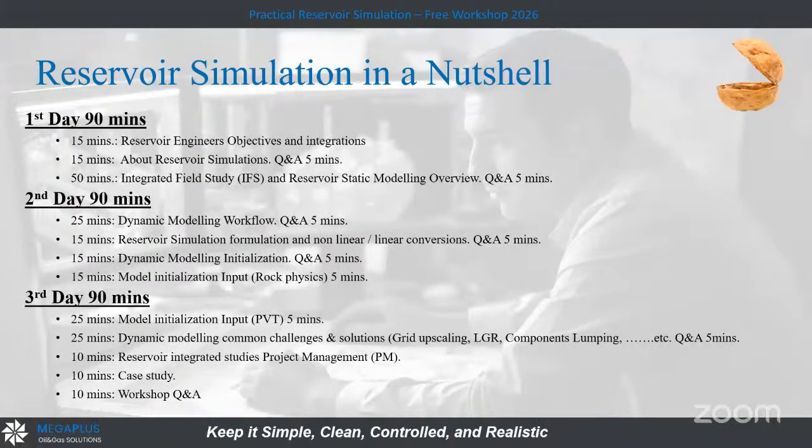Then we will have a slide for project management in reservoir simulation studies. Finally, we will have a case study and then question and answer, like every day over the workshop. If you have any questions, please ask and I will answer as much as I can.